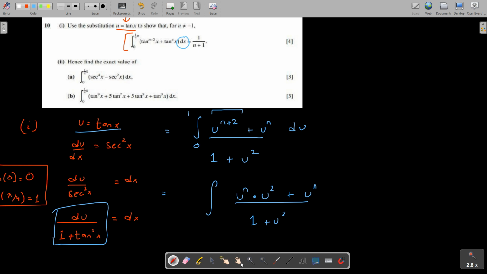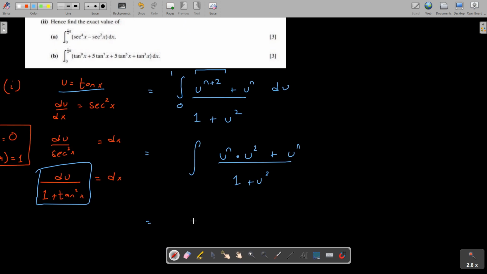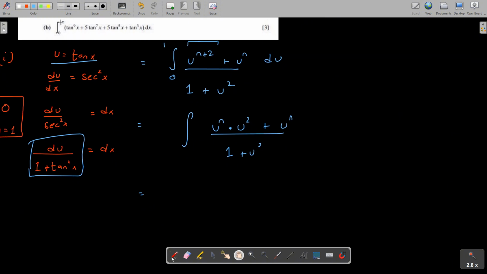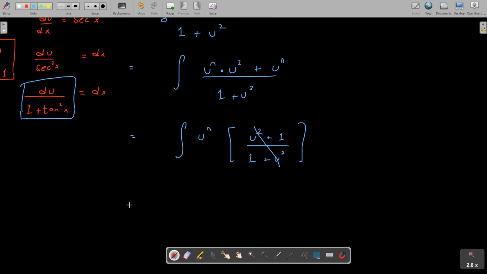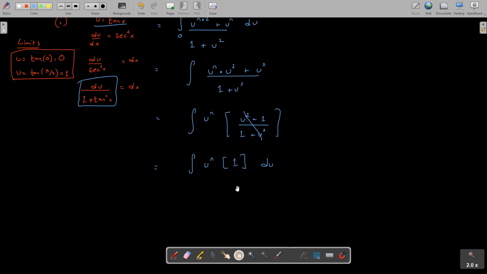Does this make some sort of sense? Anyone who's actually thinking will catch on that we can take u power n as common: u power n, u squared plus 1 divided by 1 plus u squared. Now, our numerator is exactly the same as the denominator, which means we can just cancel this out. So the integral of u power n times 1 times du is our final integral.